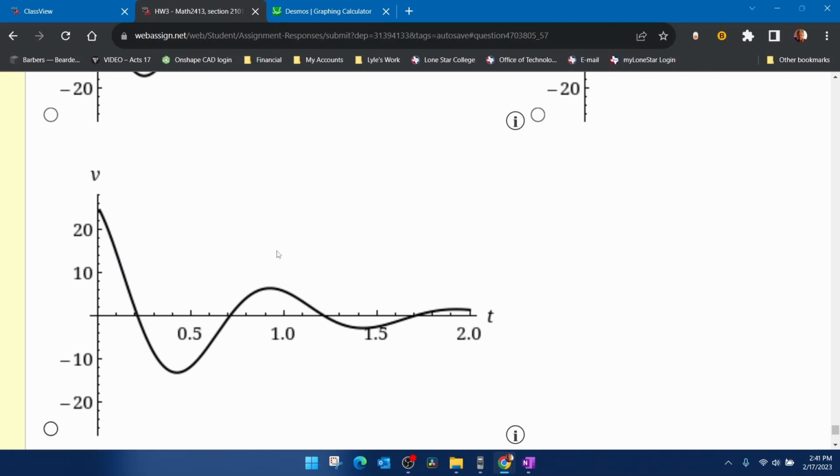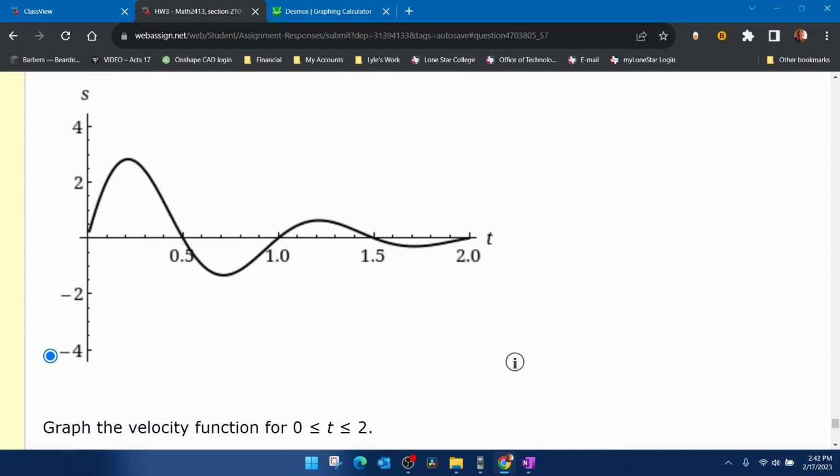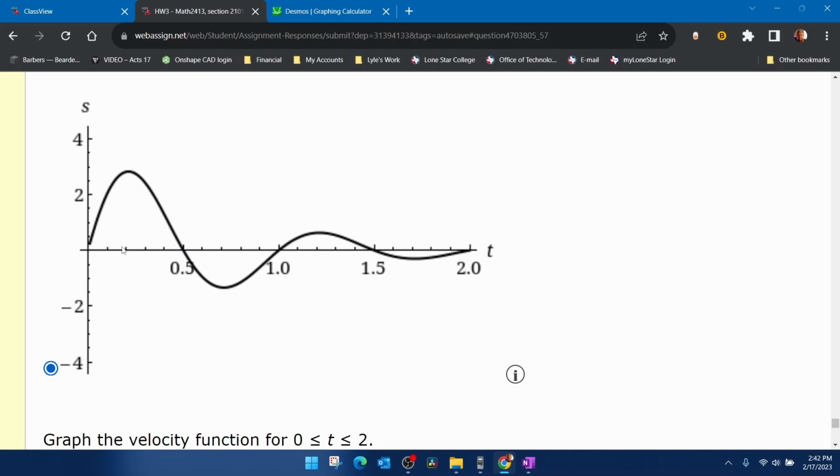Now, if you're wondering how would we get that without actually using Desmos, what you can do is go back to our answer for our position equation and remember that the slope of the tangent of the position function, those are the y values of the velocity function. So we can see that these slopes here, like up to about a quarter, the slopes are positive, and at the beginning it's really steep.